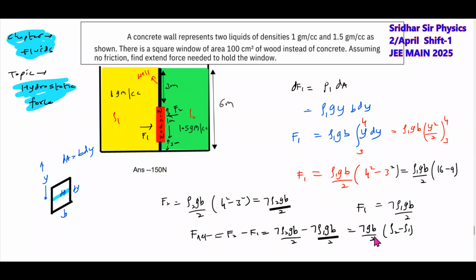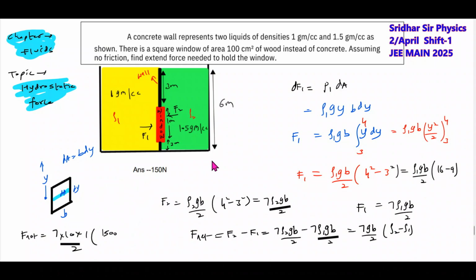B will be in terms of g, substituting 10 meter per second square. Solving this, we have 7, 10, and 1 by 2. Rho 2 is the density 1.5, which will be 1500.